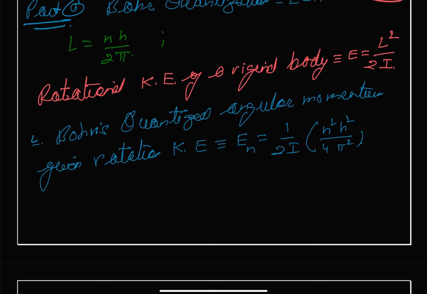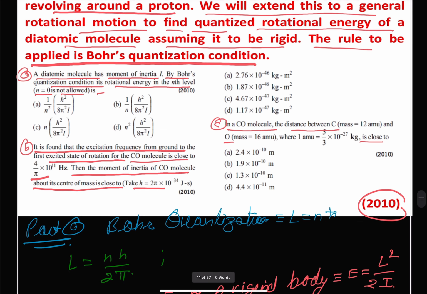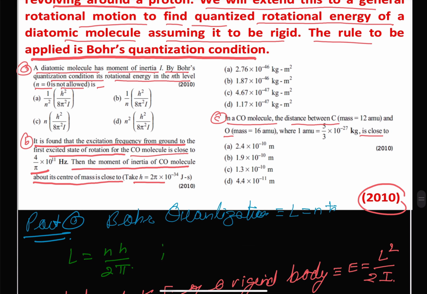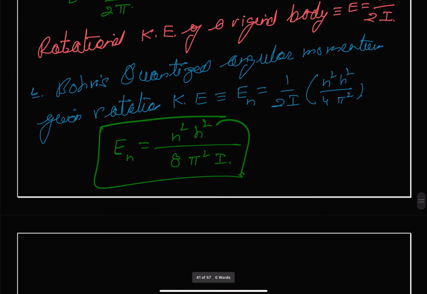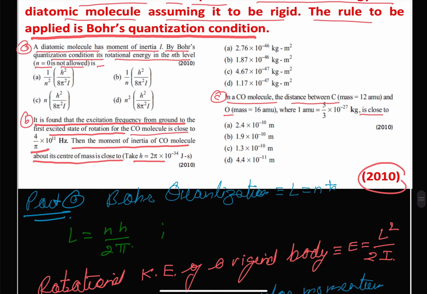So we can write that our rotational kinetic energy E of n will be equal to n square h square upon 8 pi square I. Option D is correct.